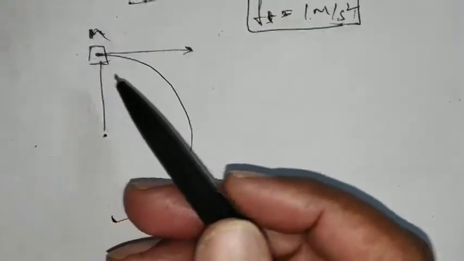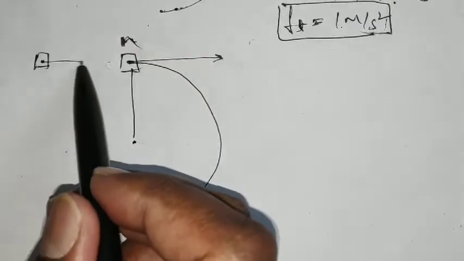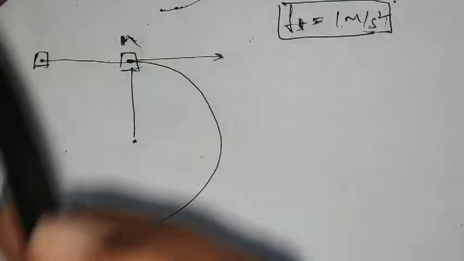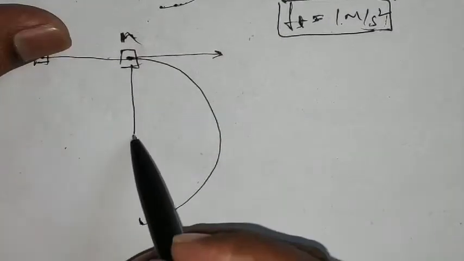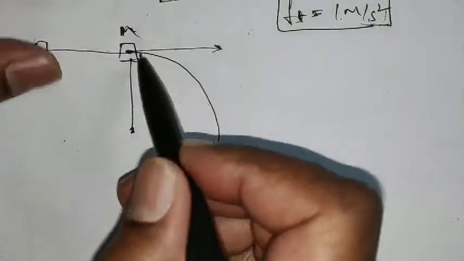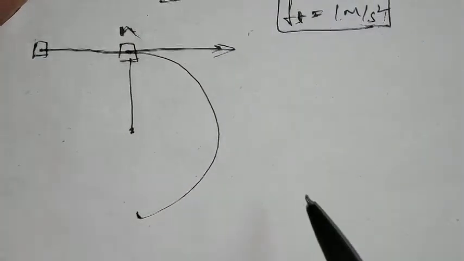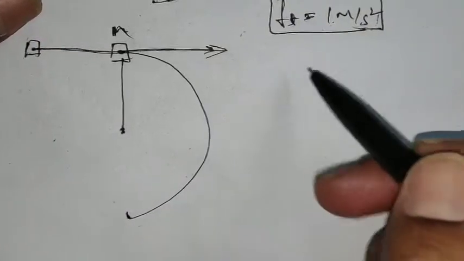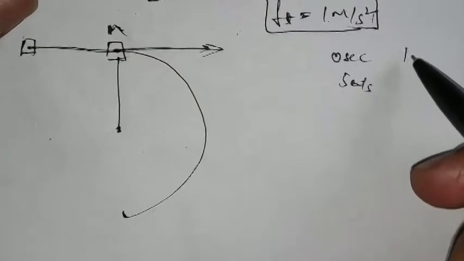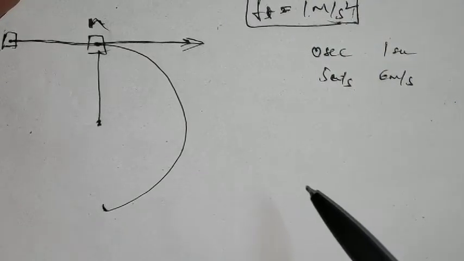Now let us take the previous example of a body moving along a straight path, and suddenly it is made to take a circular path. All this time it was trying to have a velocity in this direction. If at 0 second it was 5 meter per second, and after 1 second it is 6 meter per second, then the acceleration is 1 meter per second square.